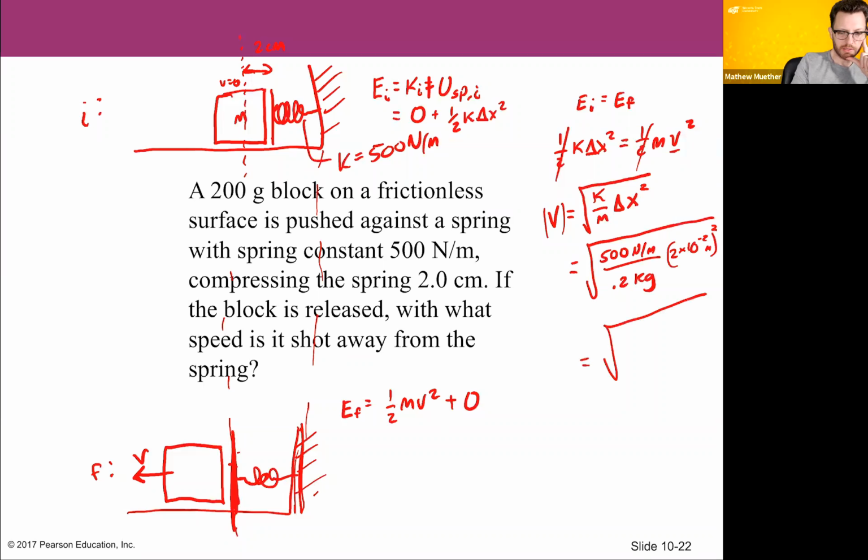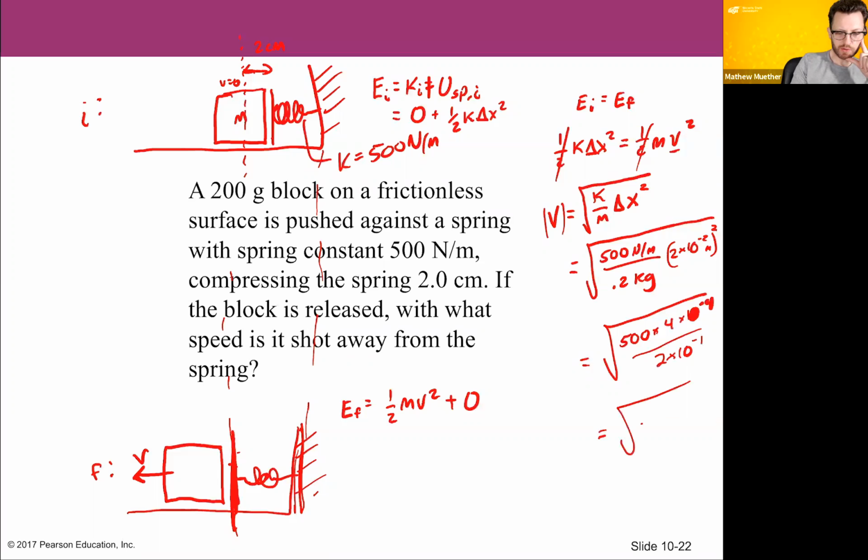This is like 500 times 4 times 10 to the minus 4 over 0.2, or 2 times 10 to the minus 1.